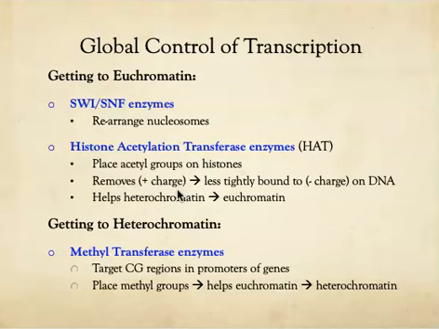By adding the acetyl group, the positive charge on the histone is removed, so the DNA just loosens up a little, it lets go a little. The combination of the SWI/SNF family and the HAT enzyme family is taking heterochromatin and turning it into euchromatin.